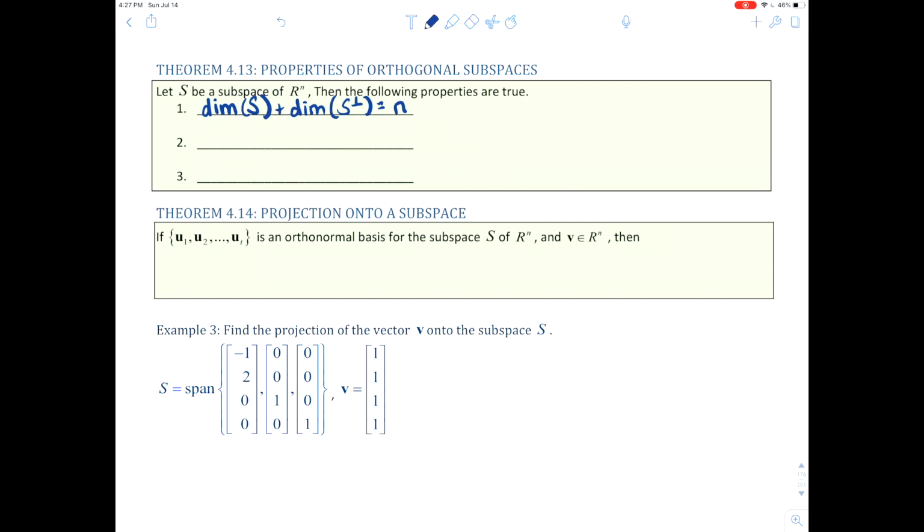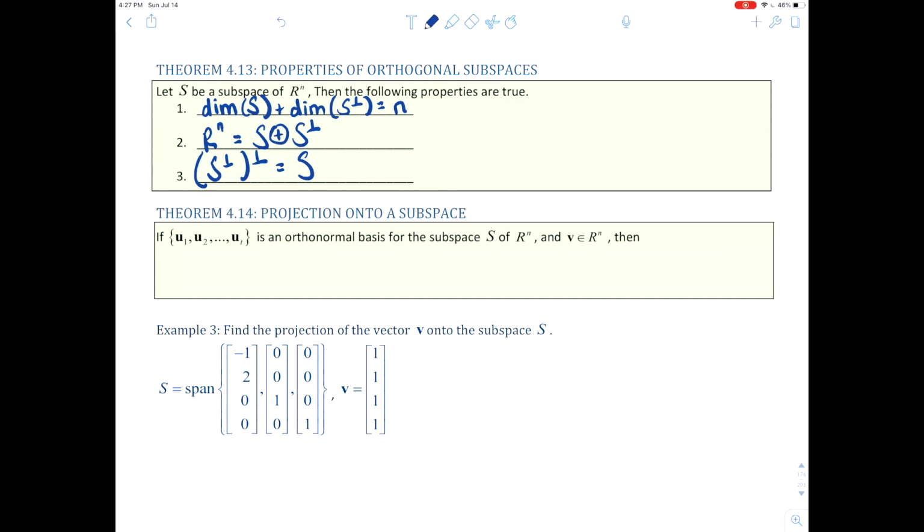Okay, and then Rn is equal to the direct sum of the space S and its orthogonal complement, and then the orthogonal complement of the orthogonal complement is equal to the original space.